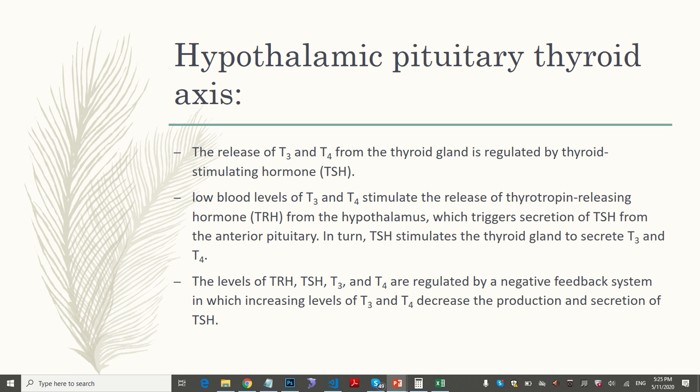Thyrotropin releasing hormone, secreted from the hypothalamus, triggers the secretion of thyroid stimulating hormone from the anterior pituitary gland. This TSH stimulates the thyroid gland to secrete T3 and T4. The levels of thyrotropin releasing hormone, TSH, T3 and T4 are regulated by a negative feedback system, in which increasing levels of T3 and T4 decrease the production and secretion of TSH, and vice versa.